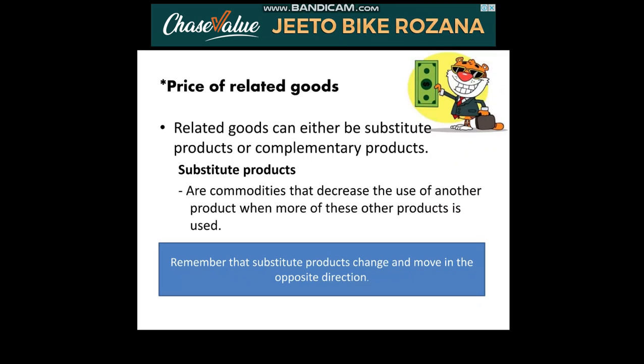Price and related goods. Related goods can either be substitute products or complementary products. Substitute products are commodities that decrease the use of another product when more of these other products is used. Remember that substitute products change and move in the opposite direction.